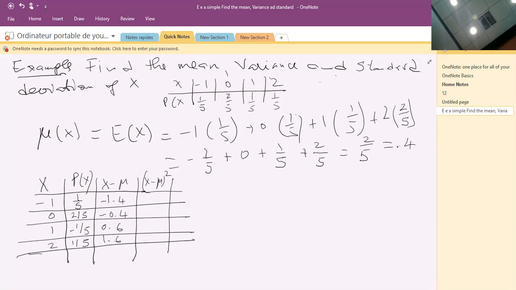Remember that negative 1.4 is negative 1 minus 0.4, that is x minus the mean.